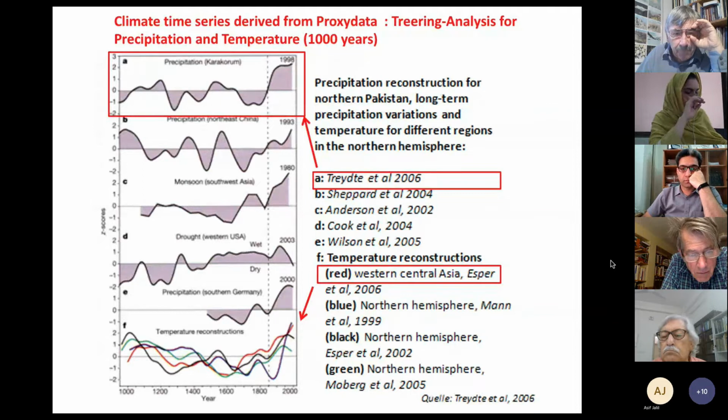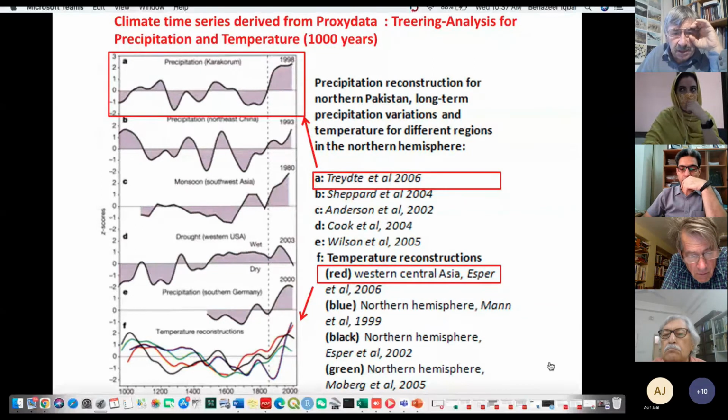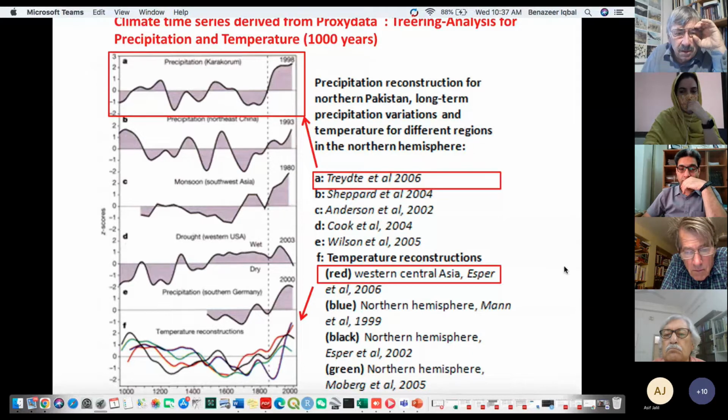The very upper one, in red here, shows derived precipitation amounts, or rather z-scores. It's a statistical approach from the year 1000 to the year 2000.